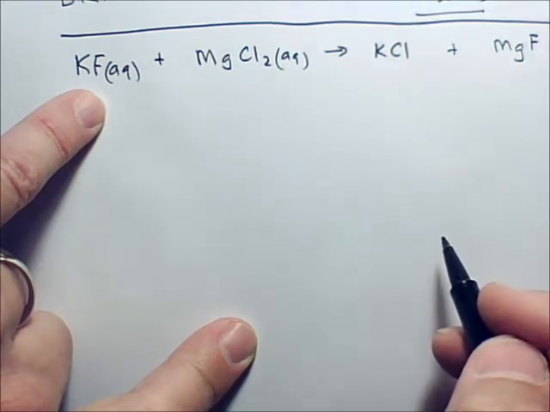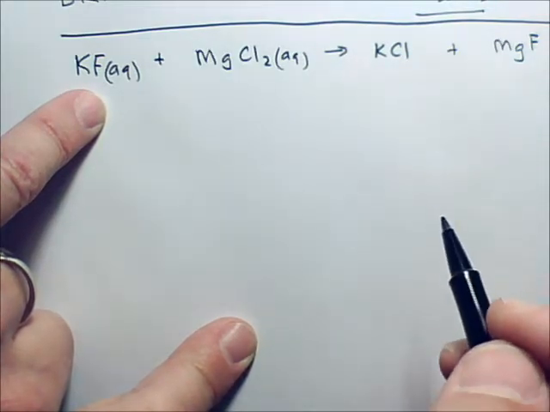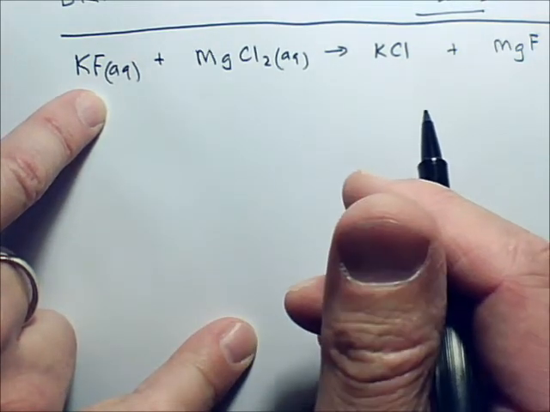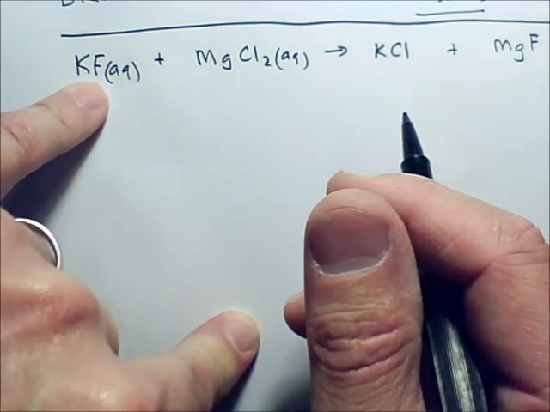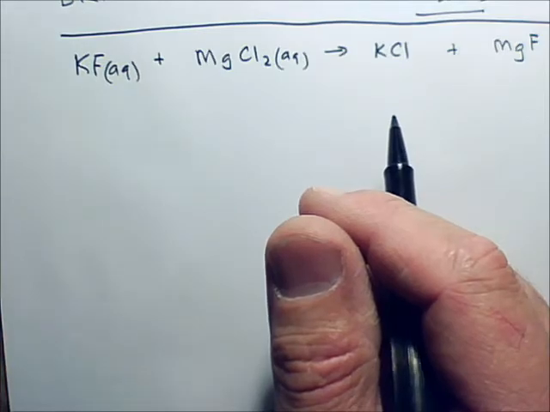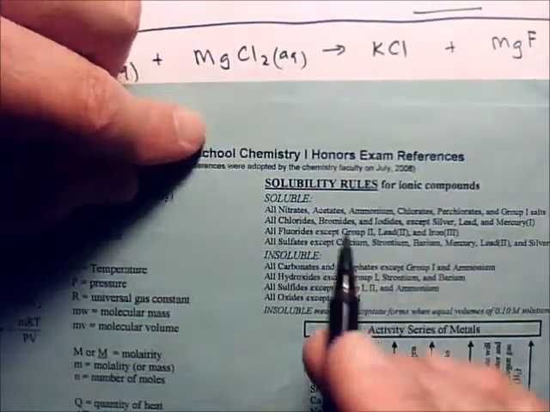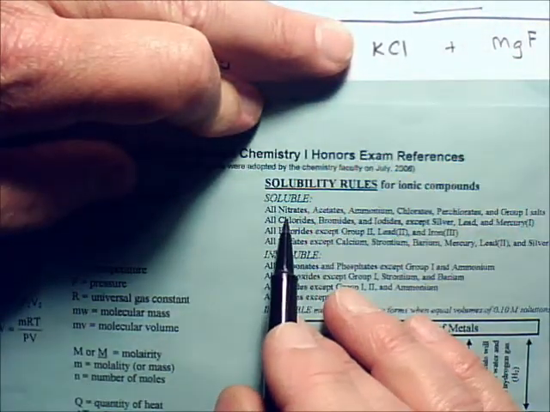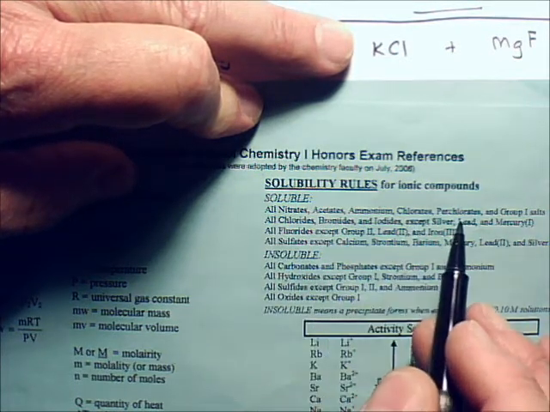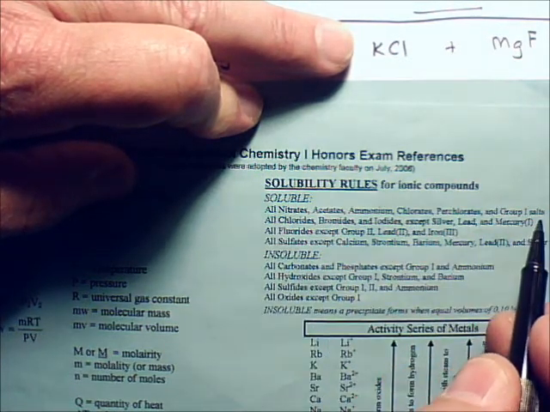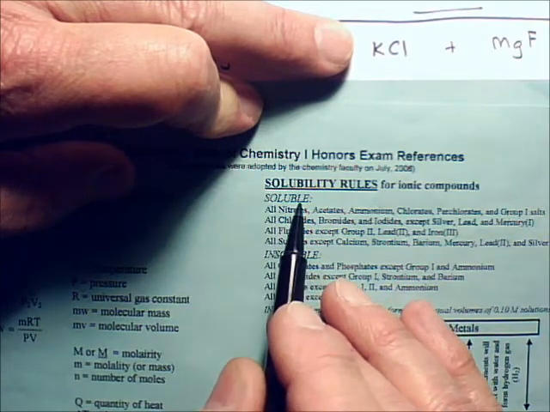Now I haven't balanced either one of these formulas. Okay? I need to balance the formulas. But I'm going to choose to find out if I have a driving force first, because if I don't have a driving force, there's no reason to even do anything else. Okay? So I'm going to look on the solubility rules, and I'm going to first notice that all nitrates, acetates, ammonium, chlorates, perchlorates, and group 1 salts are always soluble.